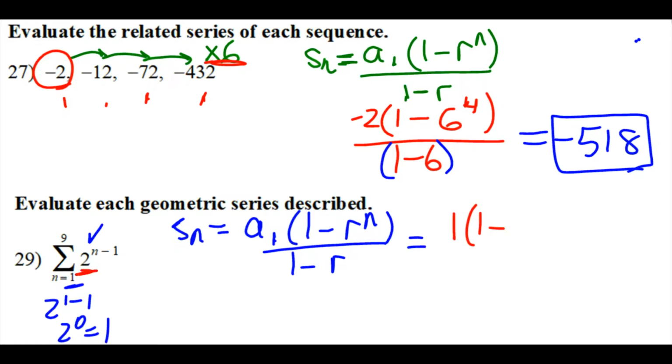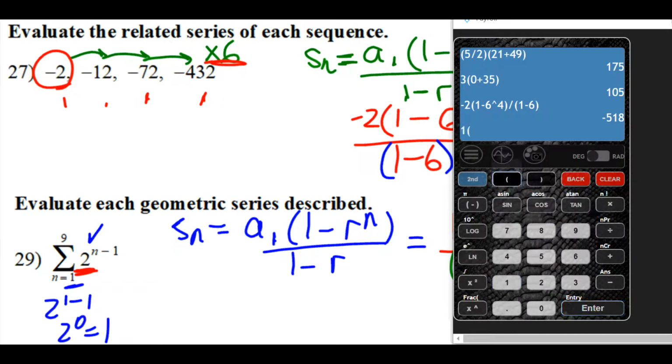You have 1 minus. And r in this case is just whatever the base is on the power. So that's 2 here. And n is how many numbers we're going to end up plugging in. So 1, 2, 3, 4, 5, 6, 7, 8, 9. That's 9. And r, of course, is still 2. So we look like that. If you're going to type this in, you better put parentheses there.